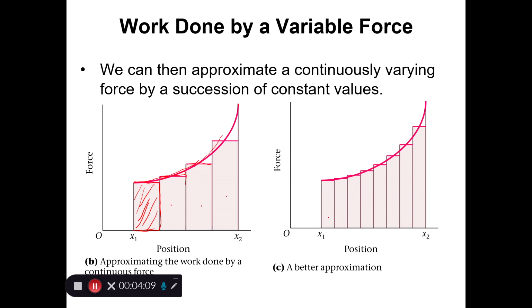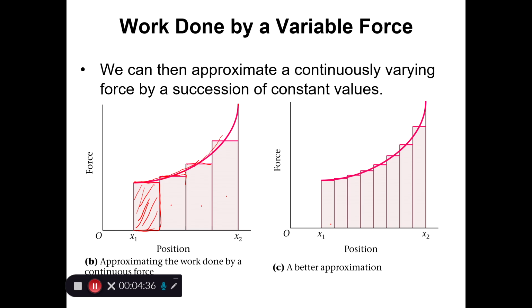If you make the rectangles as small as possible, you get the highest precision, and this is what we do by integration, dividing into small sections and multiplying force and displacement.